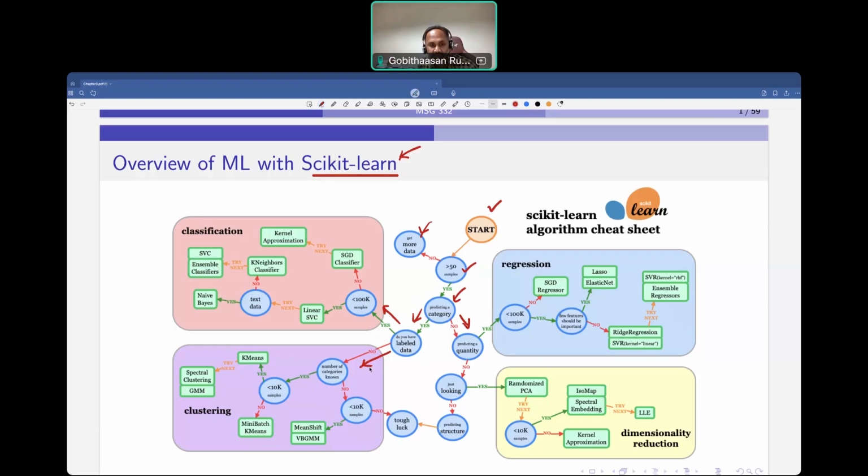Here the clustering method will create a structure. It will show you the number of groups, the number of clusters in your data. Classification is supervised machine learning, whereas clustering is unsupervised machine learning. That is on your left hand side.